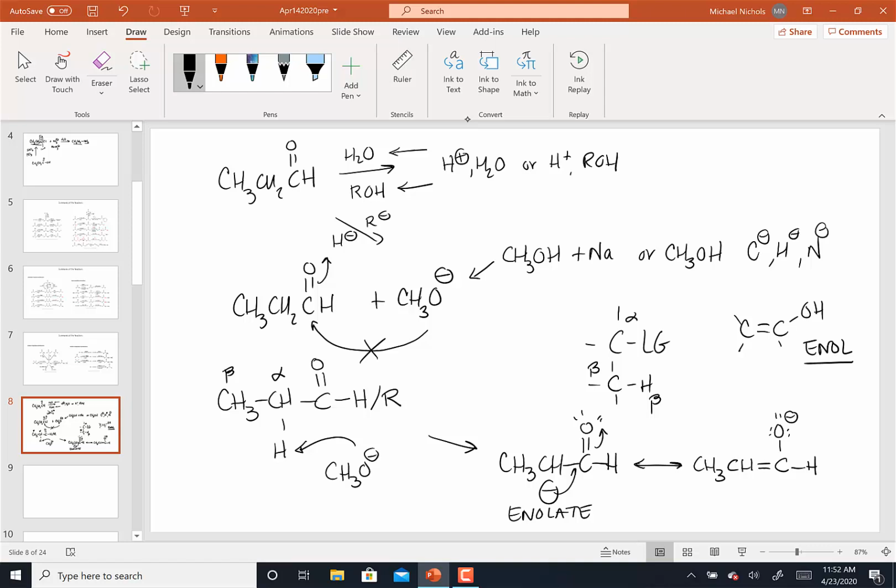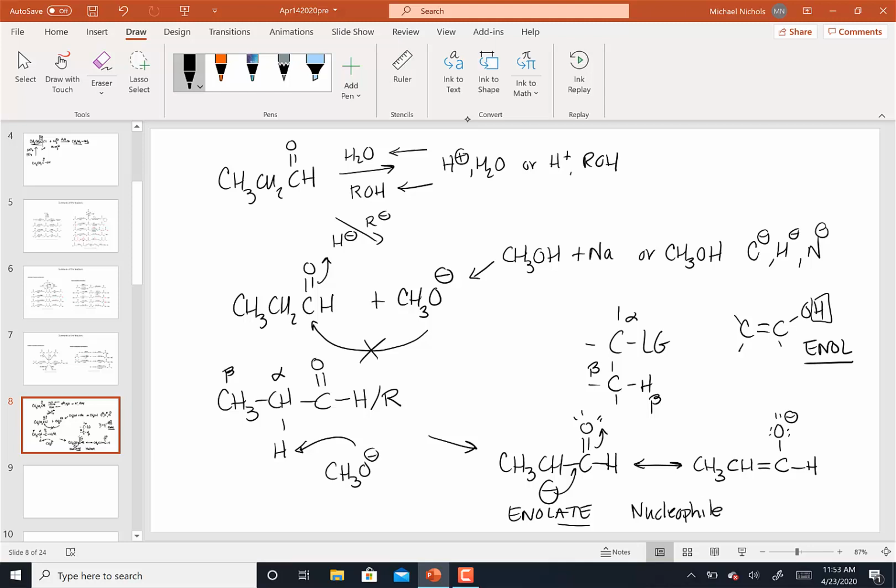Now, if you deprotonate this enol, you make an enolate. When we've talked about alcohols, when we deprotonate an alcohol, we make an alkoxide. Another synonym for the oxide to indicate that you have a negative charge is ATE. So this is called an enolate ion. And we will cut through the difficulties here, because what we're going to do is use this enolate ion as a nucleophile.